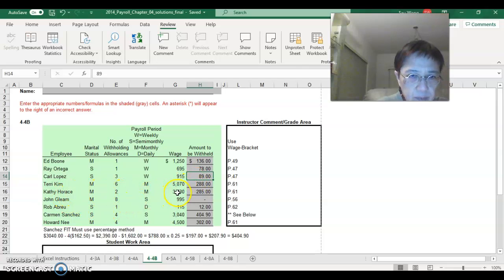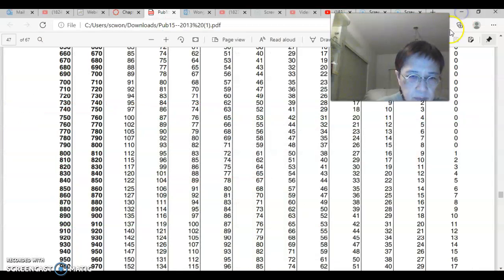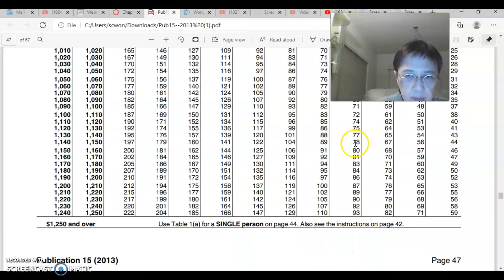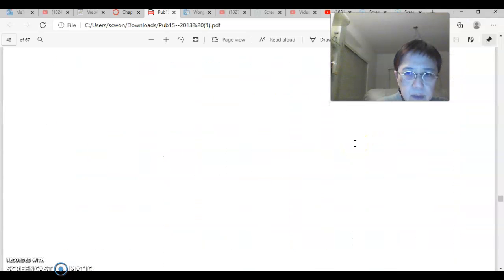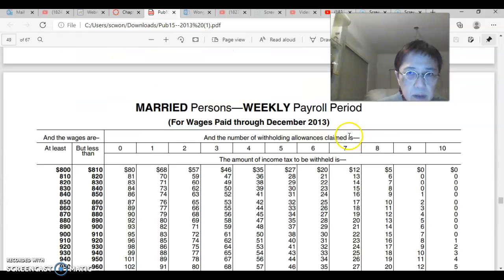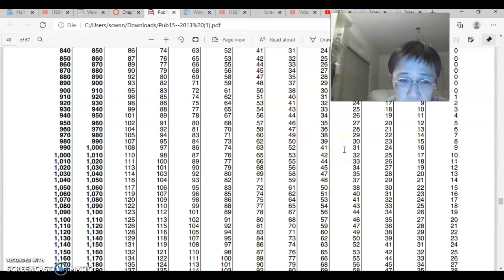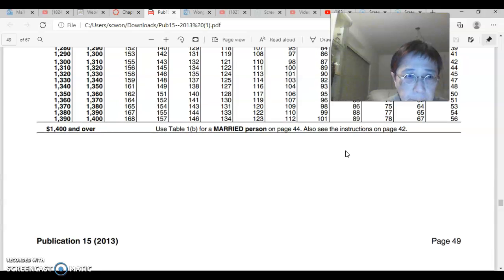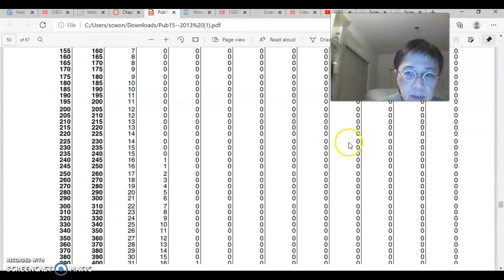Kathy, on page 61. Kathy, her payment is monthly. Withholding allowance is 2. Page 61.